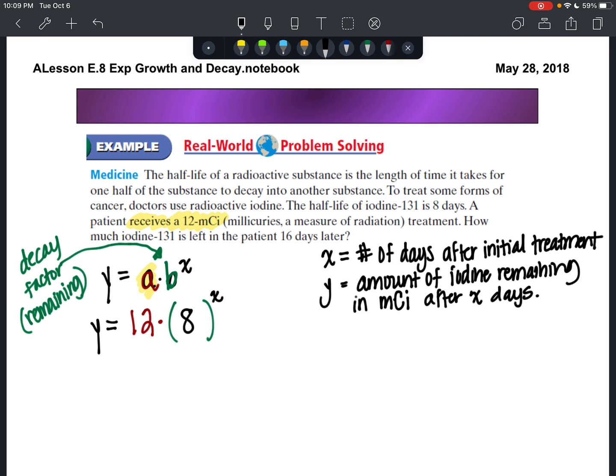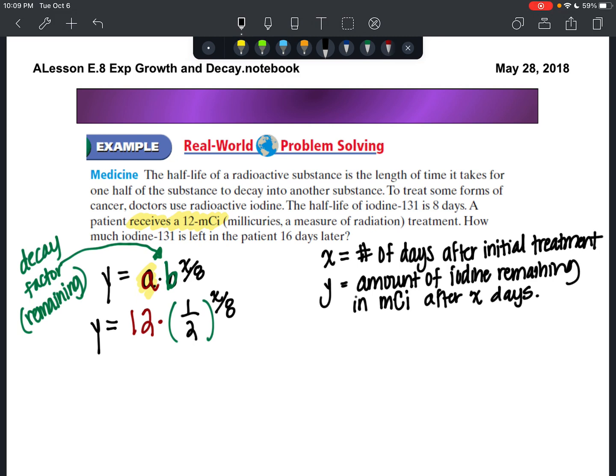That's going to be 1/2. Now X is the number of days after the initial treatment, right? But you can't just say to the X power, because when is it getting cut in half? Every 8 days. So after 8 days, it's cut in half. So I have to have X over 8 here. Okay? X is the number of days after the initial treatment.